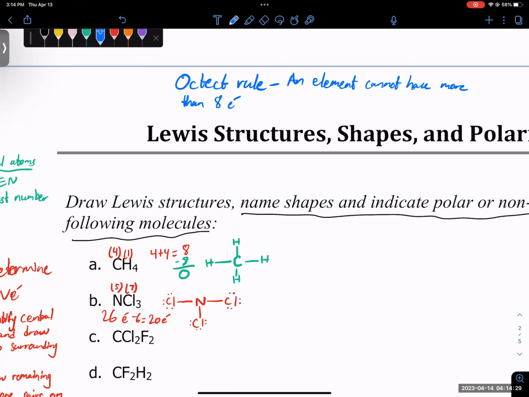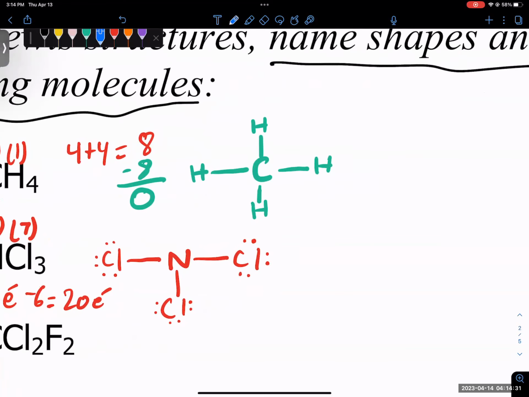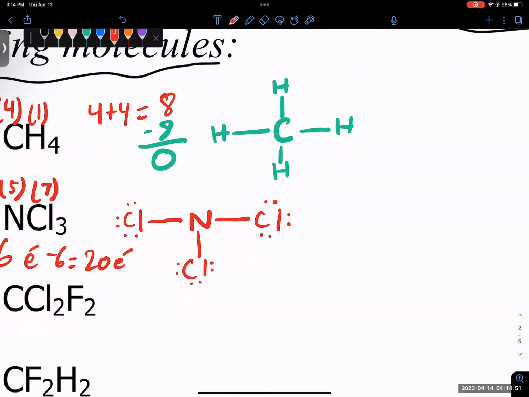So an element cannot have more than 8 electrons. That's why if you look at the chlorine right here, there's 1, 2, 3, 4, 5, 6, and the bond is 2 electrons. So the chlorines are happy with 8 electrons. And that goes for any chlorine atom. So all of it has 8 electrons surrounding it.